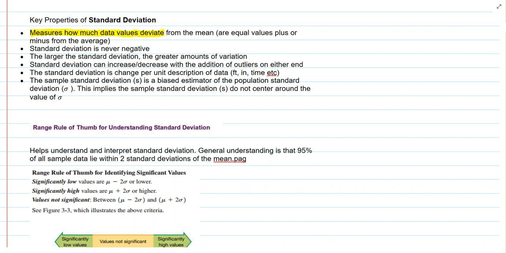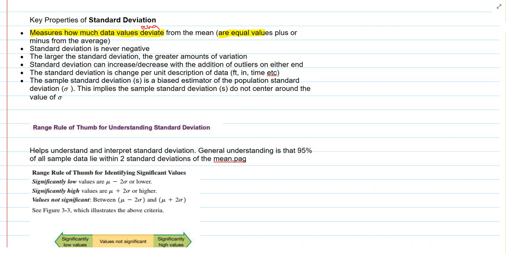Deviate means change from the mean. They are equal values, plus or minus from the average. Standard deviation is never negative. So that's important. Standard deviation, when you do a computation, is never negative. And of course, we're doing calculators, so we're good.